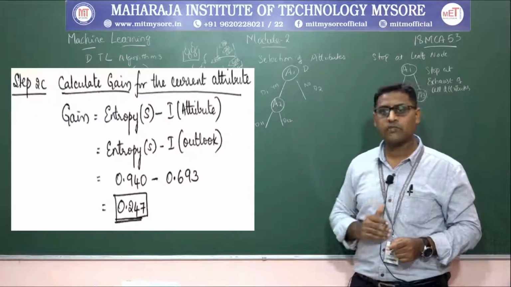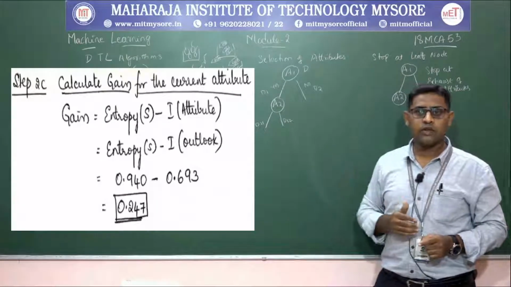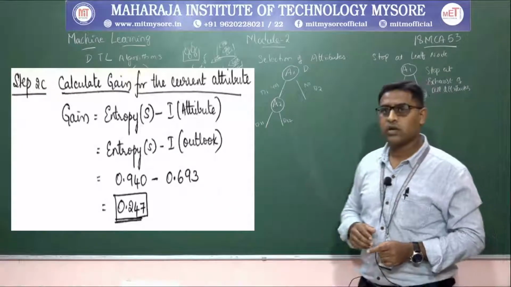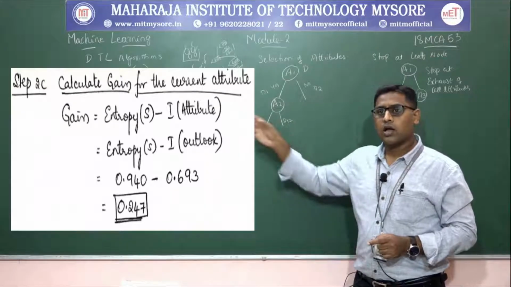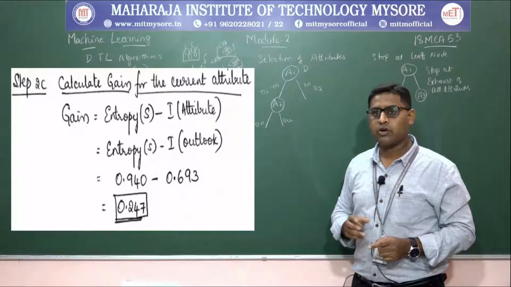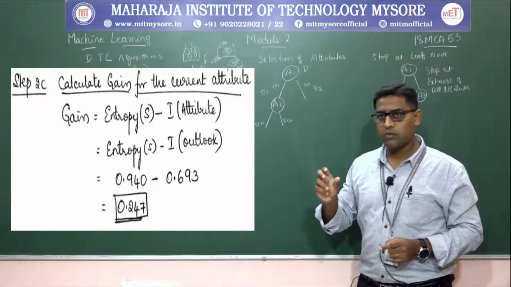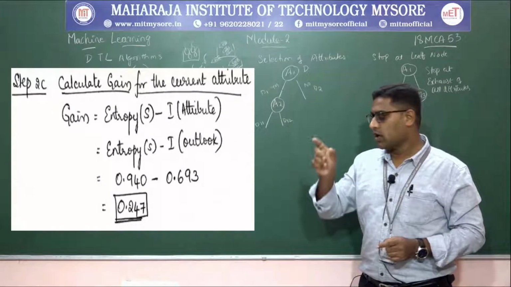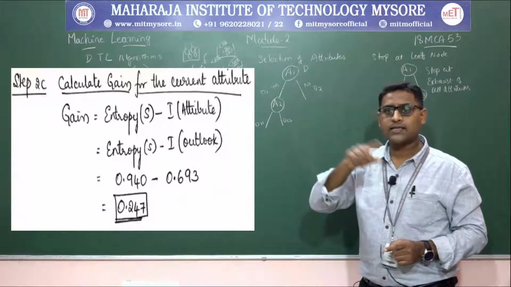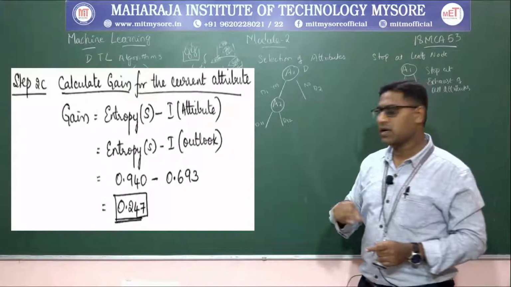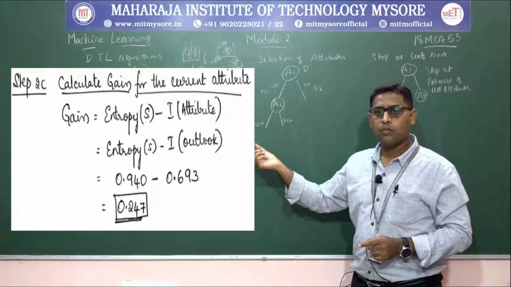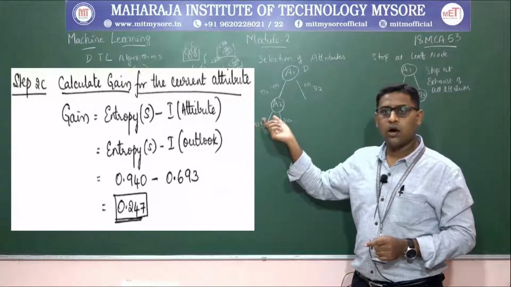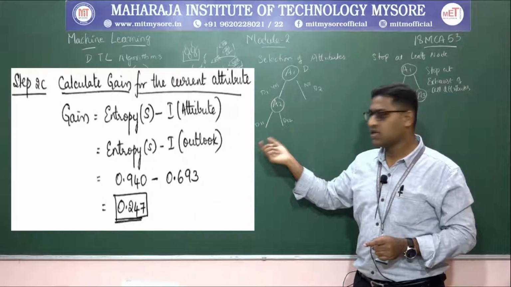The formula for gain information is the entropy of the data set S minus the average information of the current attribute, and the current attribute is outlook. The entropy of the total data set that we have got is 0.940, minus the outlook average information 0.693.